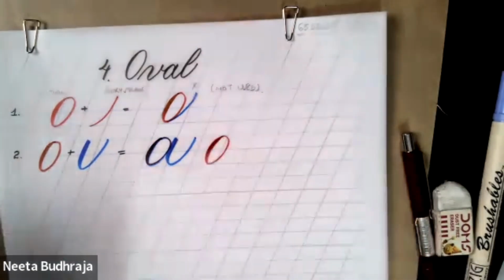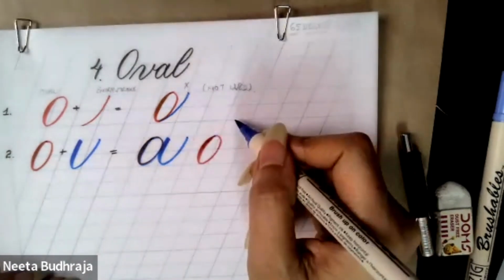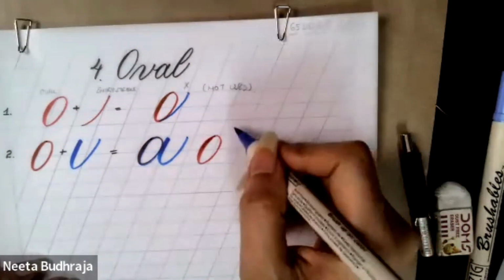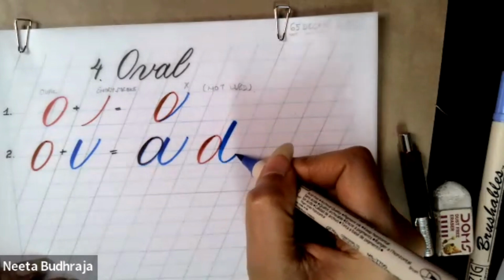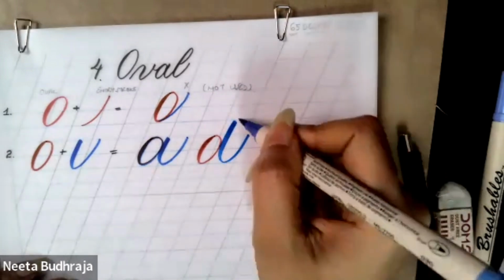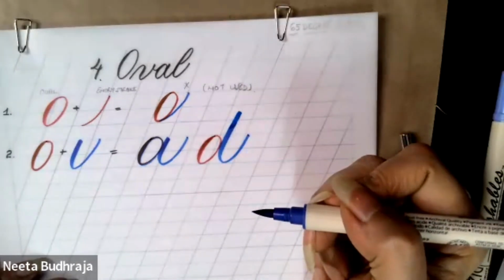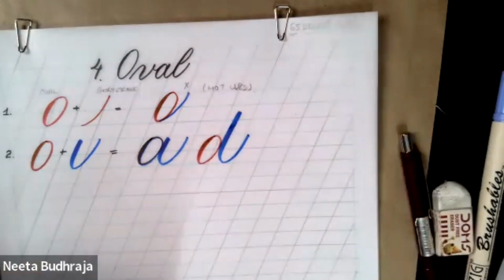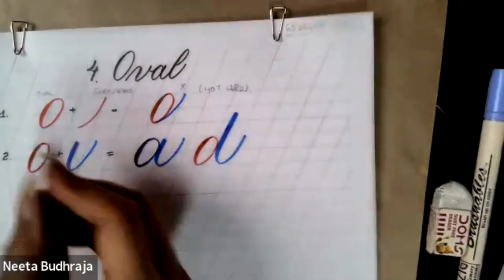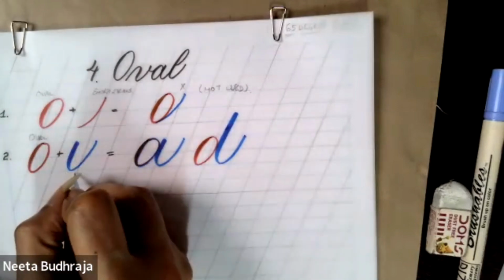So this is our oval and we are connecting it with our extended undertone. So when we extend our undertone, it is creating our letter D. So this is our oval. This is our undertone.